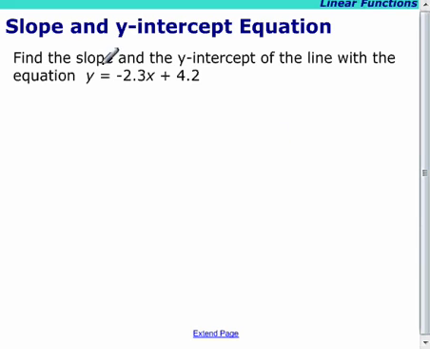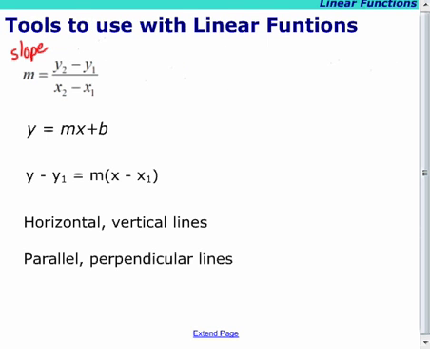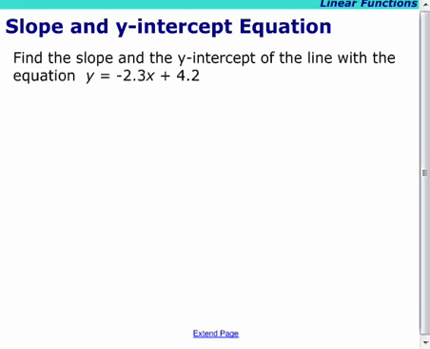Here's another question. This one says find the slope and the y-intercept of the line with this equation. Now if I recall back in my tools, here's a formula right here that told me what the slope and the y-intercept were for a line. Let me check back to my question. Yeah, it's of the same format.